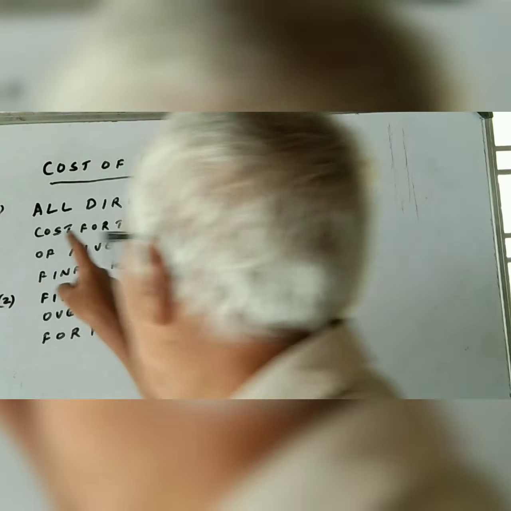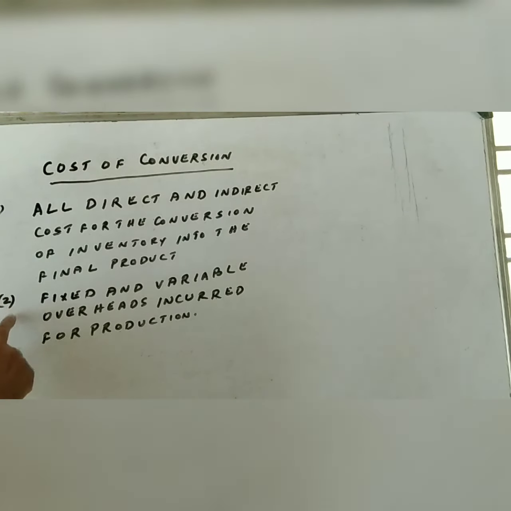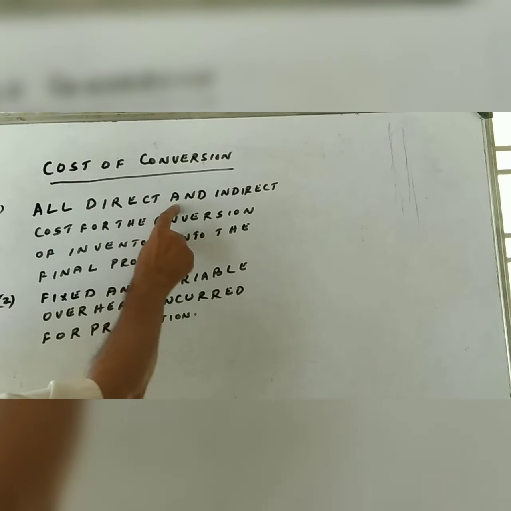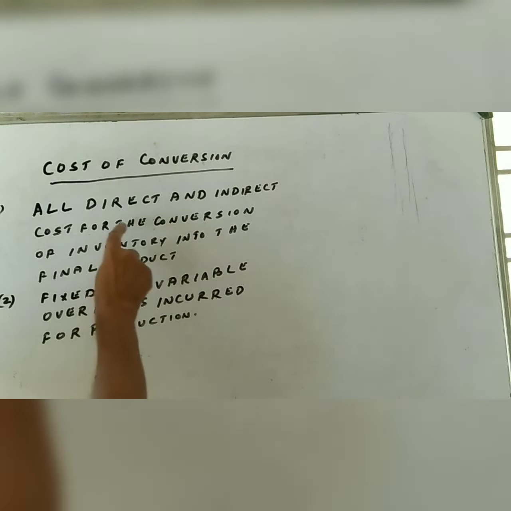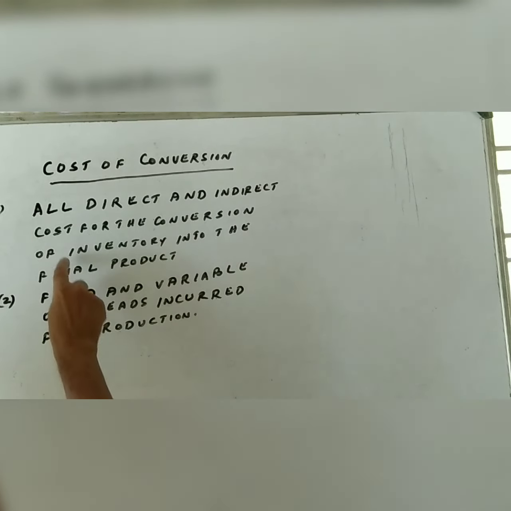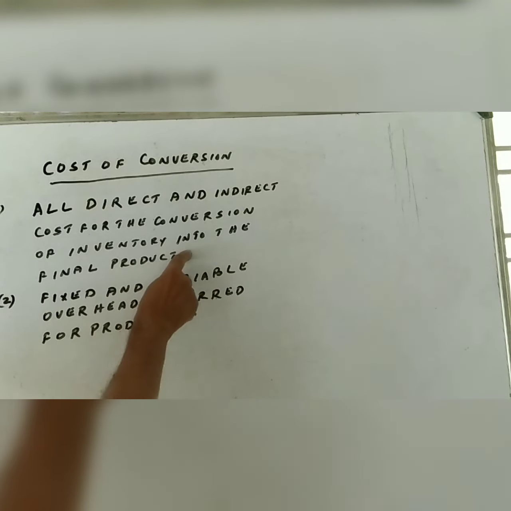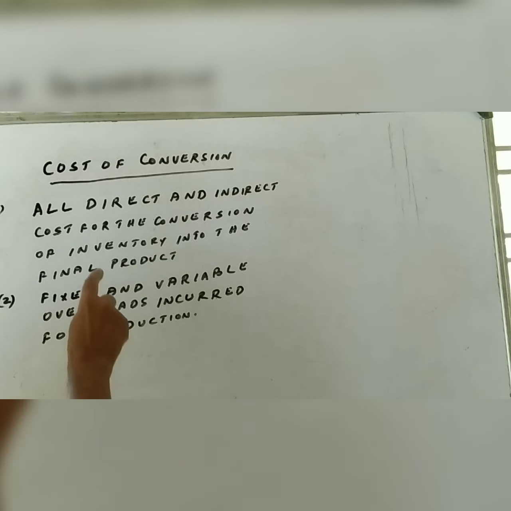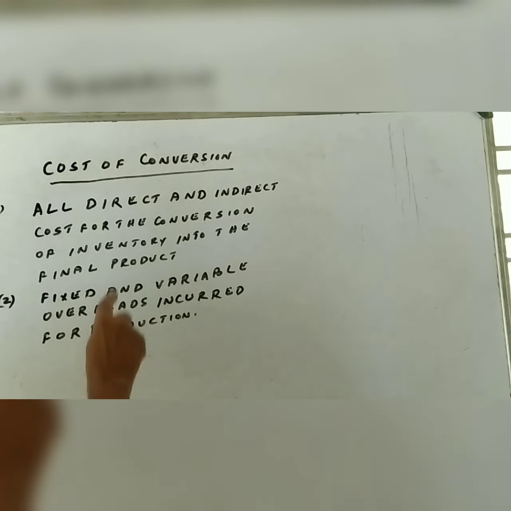There are two items under it. 1. All direct and indirect costs for the conversion of inventory into the final product. 2. Fixed and variable overheads incurred for production.